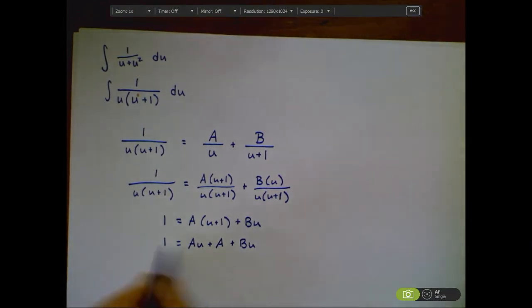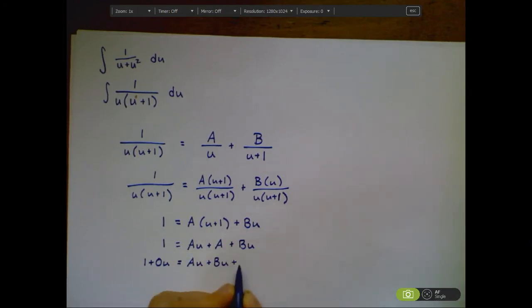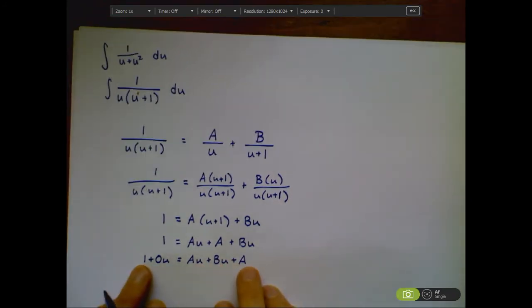Something that's not immediately obvious maybe is that this is the same thing as 1 plus 0u, there are no u's on this left-hand side. The u terms all have to be equal, and the non-u terms have to be equal. So that's saying that 1 is equal to A. And that's also saying that 0u's are equal to Au plus Bu.